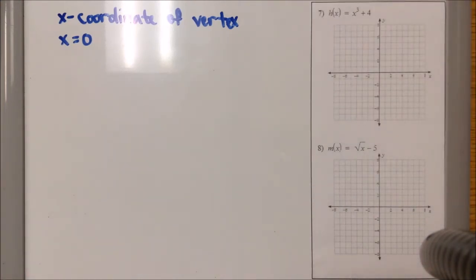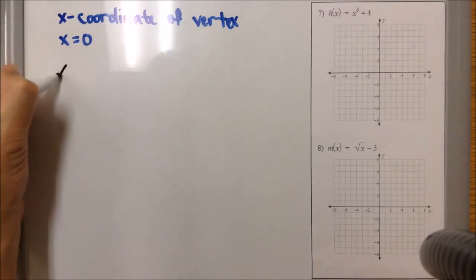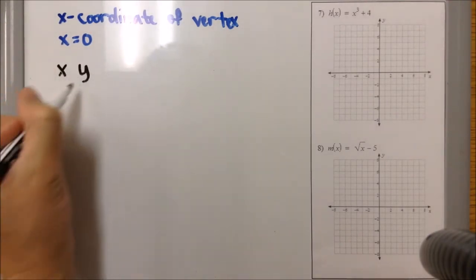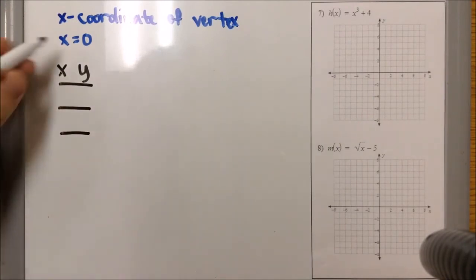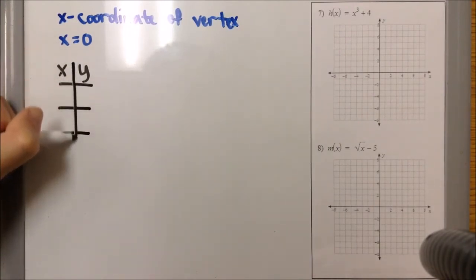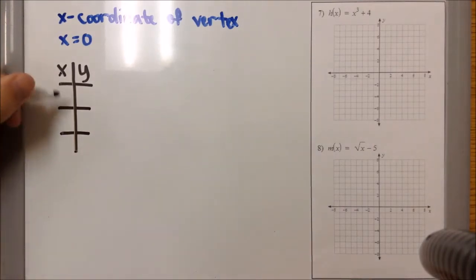So once we get our x coordinate of the vertex, we just need to make an x, y table. 1, 2, 3. Boom. Alright, so again, the x coordinate of the vertex will go into the middle, so 0.